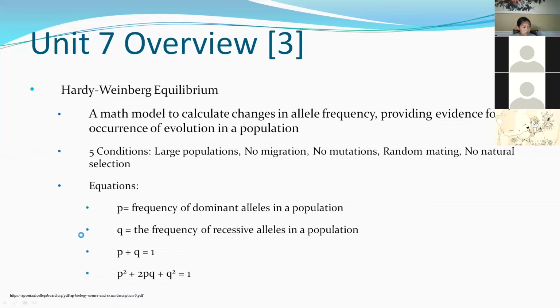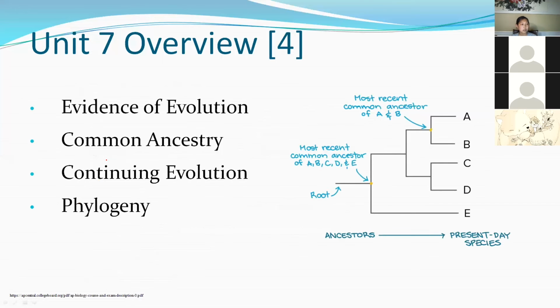Okay, moving on. And then there's evidence of evolution, common ancestry, continuing evolution, and phylogeny. Evidence of evolution is basically that we have common ancestors.